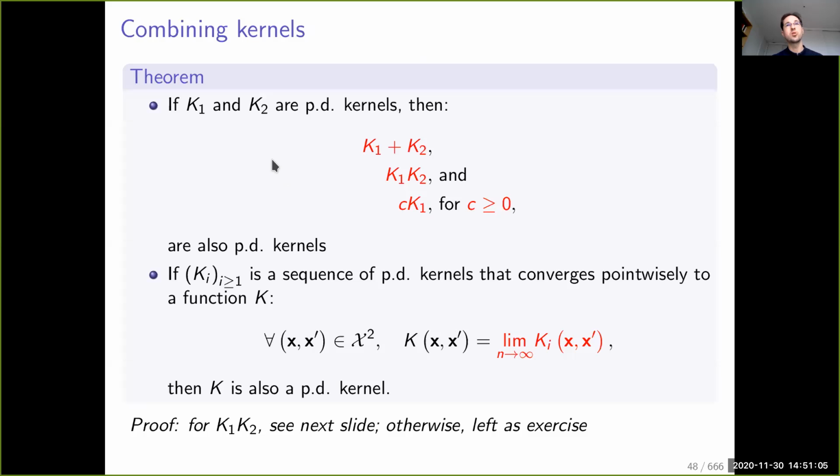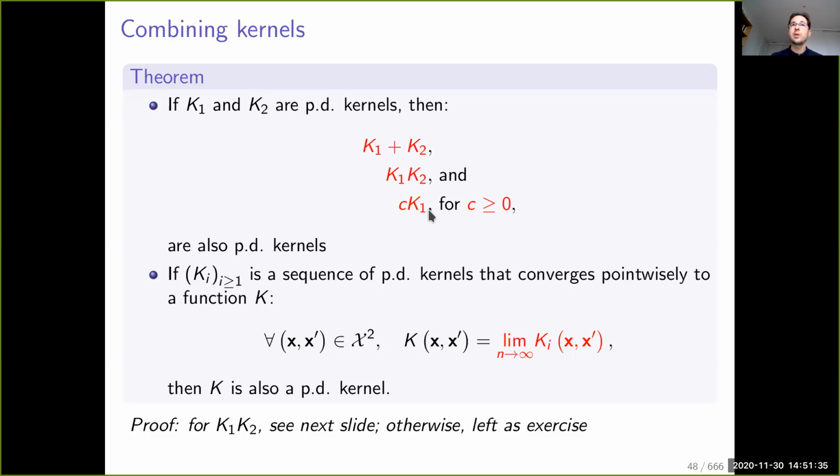It's a theorem which is in fact pretty simple, but we call it a theorem simply because it has important consequences. The following result tells us that if you have two kernels K1 and K2 that are positive definite, then if you sum the two kernels, you also get a positive definite kernel. And the proof is pretty simple; let's say this is left as an exercise.